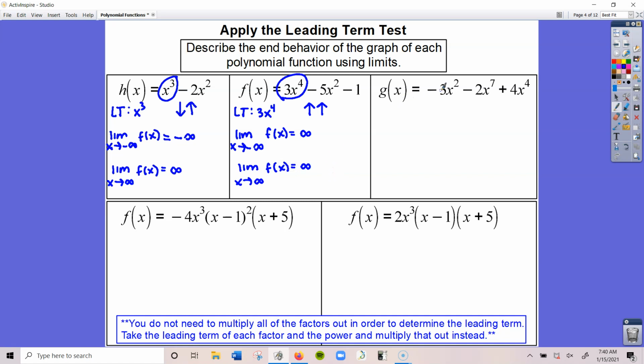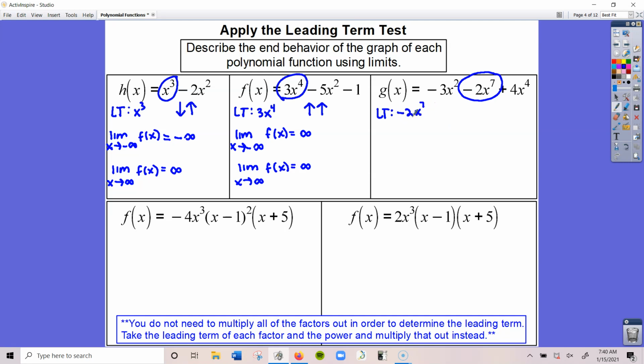In this example here, now this is not written in standard form because, as you can see, the exponents are not in decreasing order. So we have to make sure that we always scan, and you're always going to look for that largest exponent, which is this term right here. So my leading term is negative 2x to the 7th.